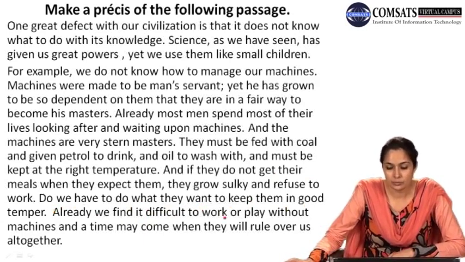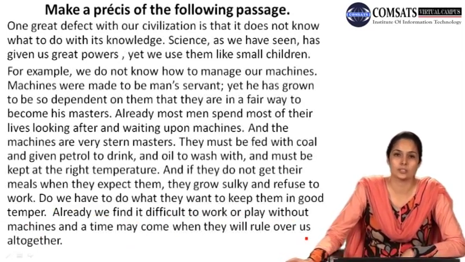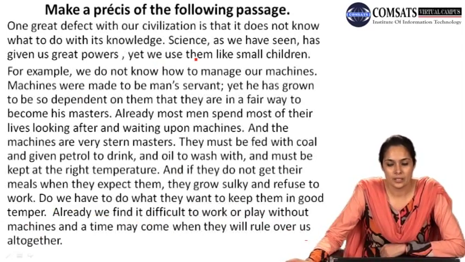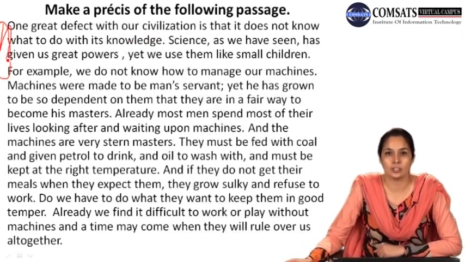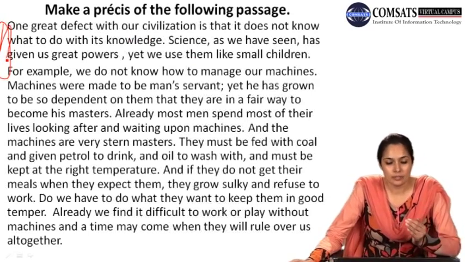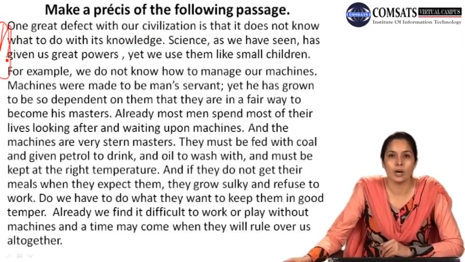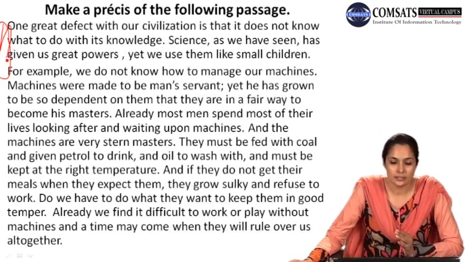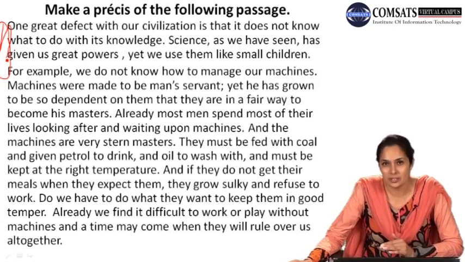Already we find it difficult to work or play without machines, and a time may come when they will rule over us together. Now you see that we've been told in the beginning that there is something wrong with the way we use our scientific knowledge, and looking at that, we've been given an extended example of how we use machines in the modern times, and then that example is taking up most of the space in this paragraph.